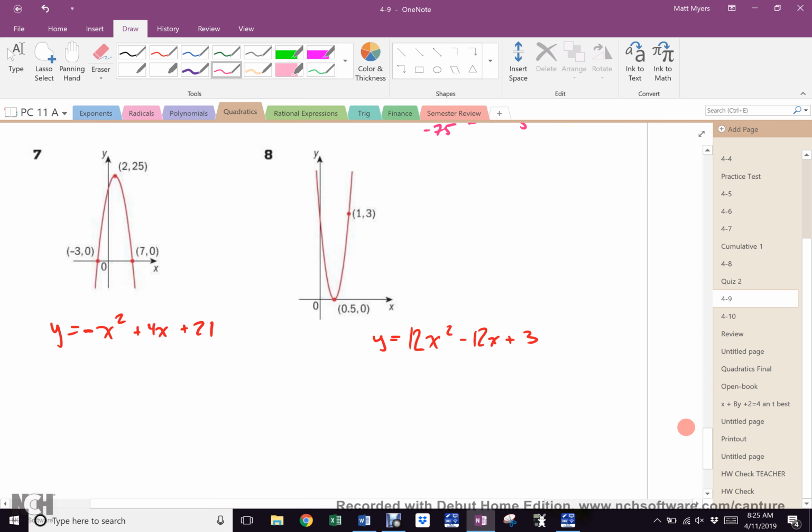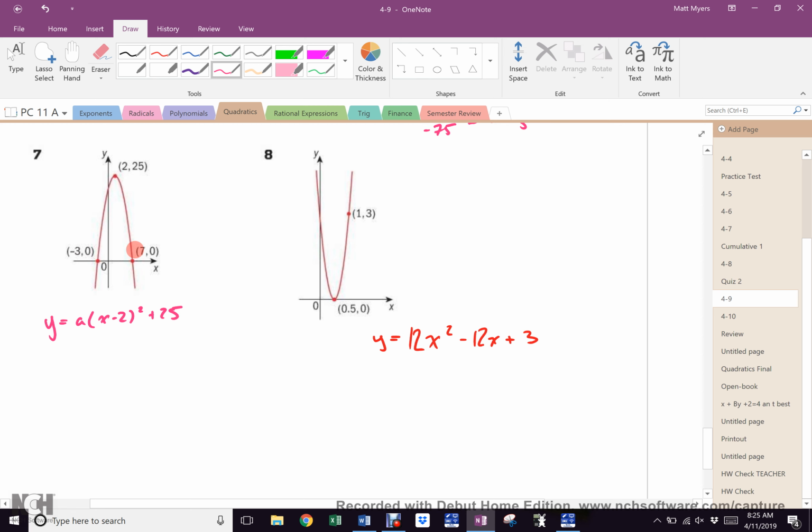Oh, that was stupid. Oh, well. I've got the vertex, yeah? So it's y equals a times x minus 2 squared plus 25, right? Everyone's happy with that? Use either one of those other points. I could also have done the roots, right?